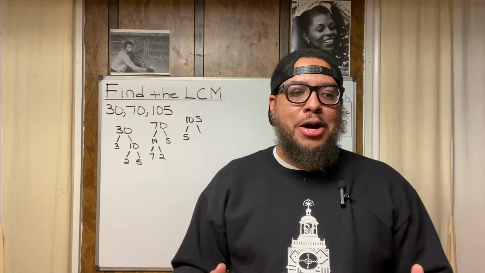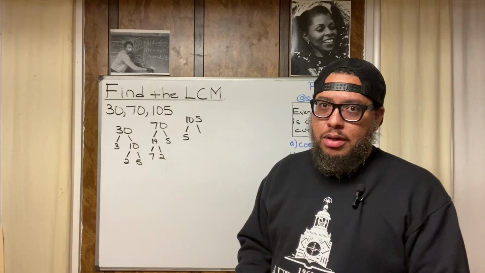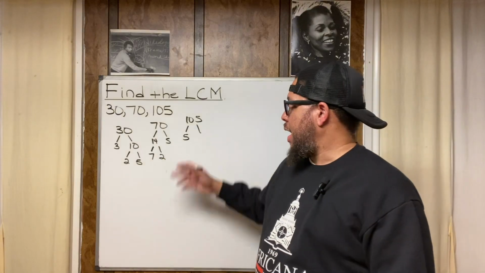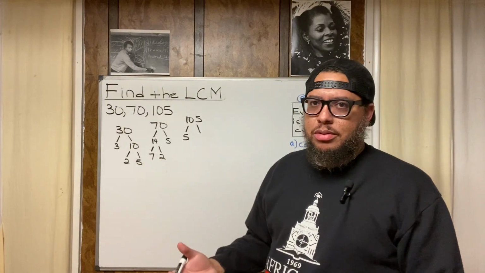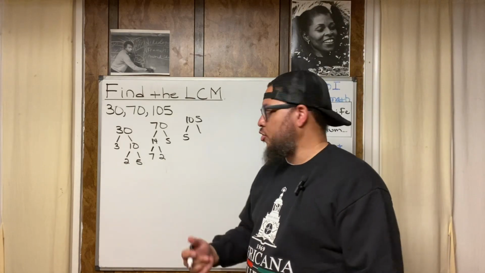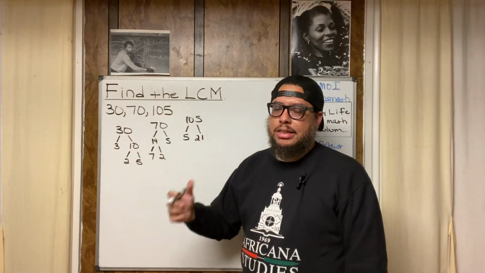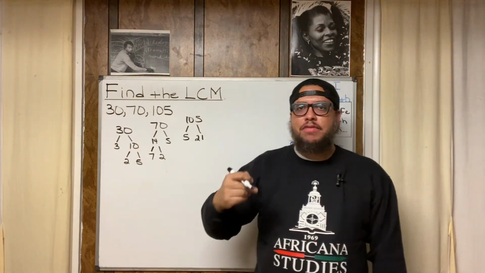Automaticity, right? And multiplication facts. Because I know that 5 times 20 is 100, 105 is just 5 more. So that's 1 more 5. That means that 5 times 21 must be 105. See what I just did there? A lot of that's because I have good number sense.